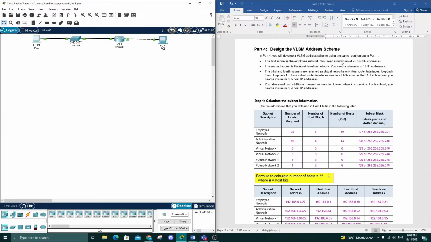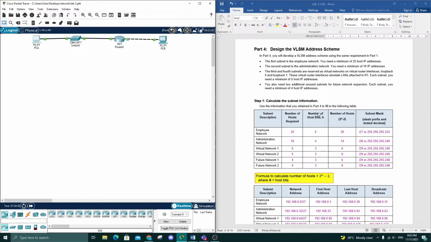First subnet minimum 35, the second subnet minimum 10, and for the third there are 2, which is 5 and 5 over here, and then the rest is 4, there is 2 also. Okay, the first one is already given, so from 25.